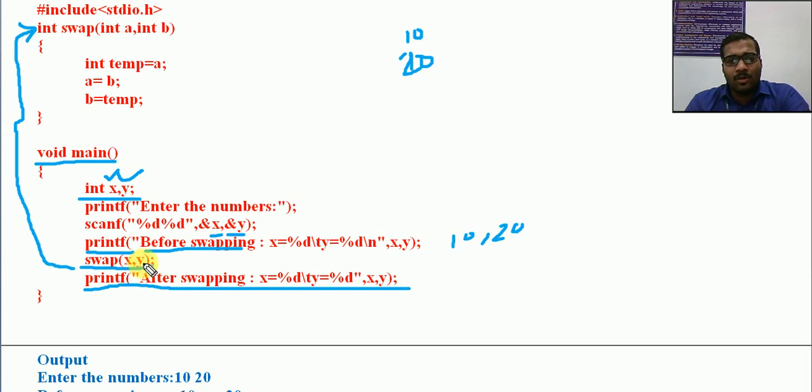Swap x comma y. Now it is defined as int swap. Why is this int given? Because the swap is going to return some value. If we are not going to return anything, we can avoid this.